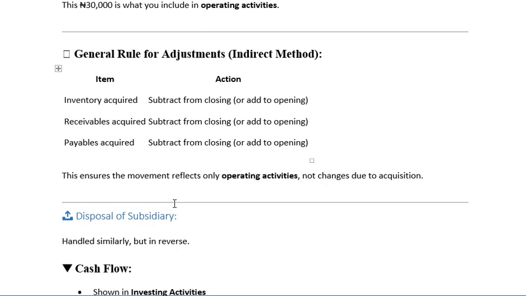If it is receivables that were acquired, you subtract it, do the same thing. If it is payables, you add, it's also the same thing. But whether it is an outflow or an inflow, we will decide that later.